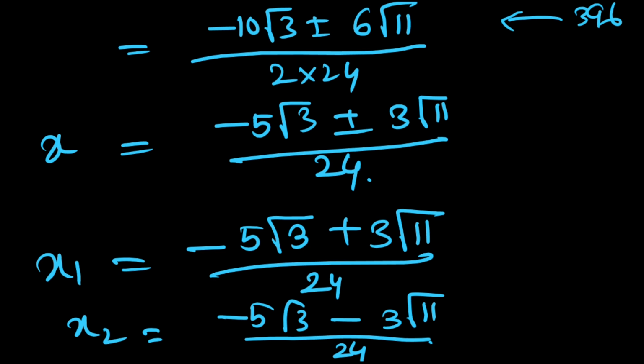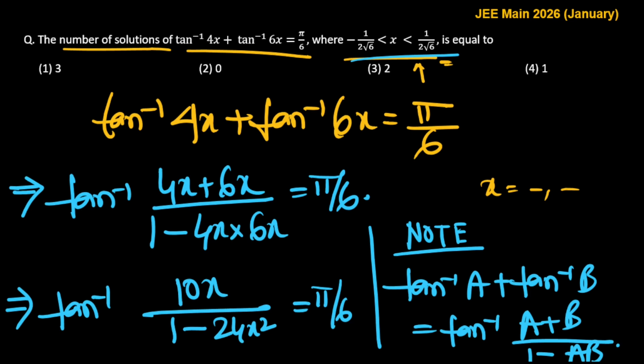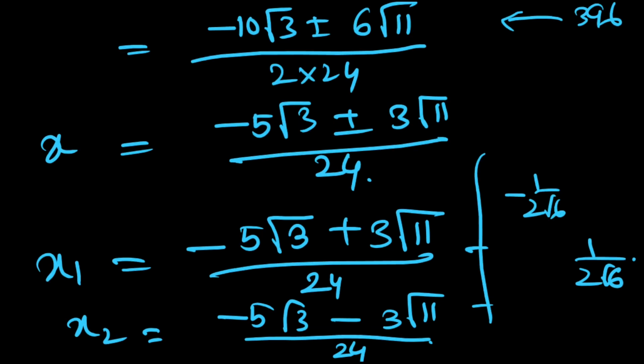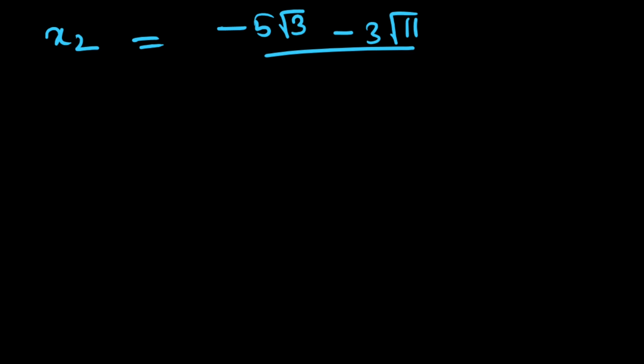Now we want to check whether these two values lie in the given interval or not. The given interval is minus 1 over 2 root 6 to 1 over 2 root 6. So one by one we check. First we check x2, which is minus 5 root 3 minus 3 root 11 by 24.